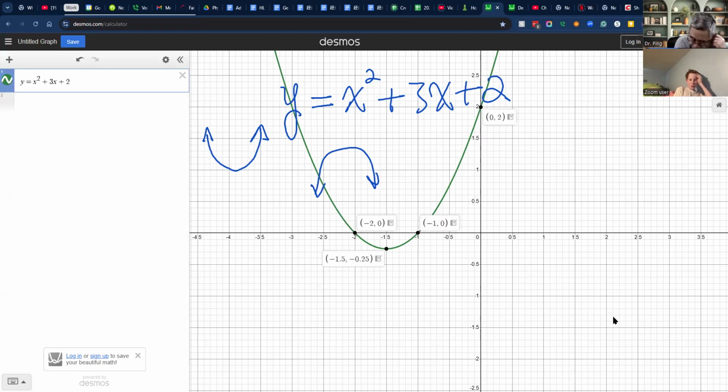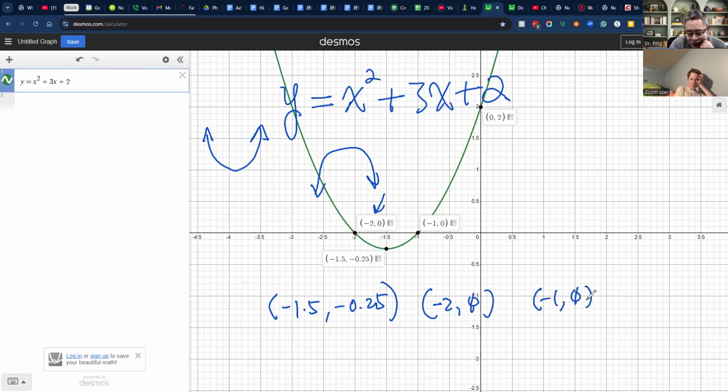So now we have to give four points. The first one is the vertex point, negative 1.5 and negative 0.25. The second two are the zeros: negative 2, 0 is the first one, and negative 1, 0.